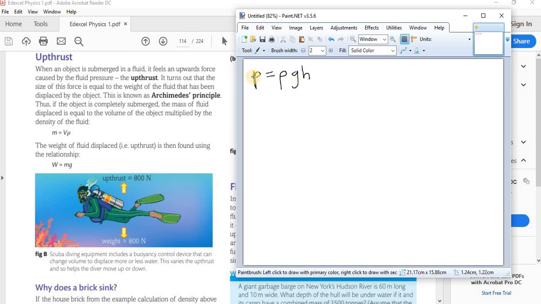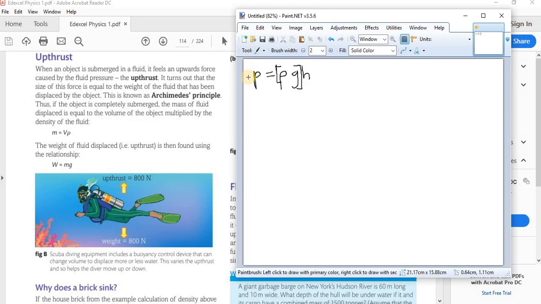Here we have charting out P, and this is rho. Now these two are constant. The rho and the g are constant, and the h is the depth from the surface of the liquid down. So that's what we call depth. So when the depth increases, the pressure increases.